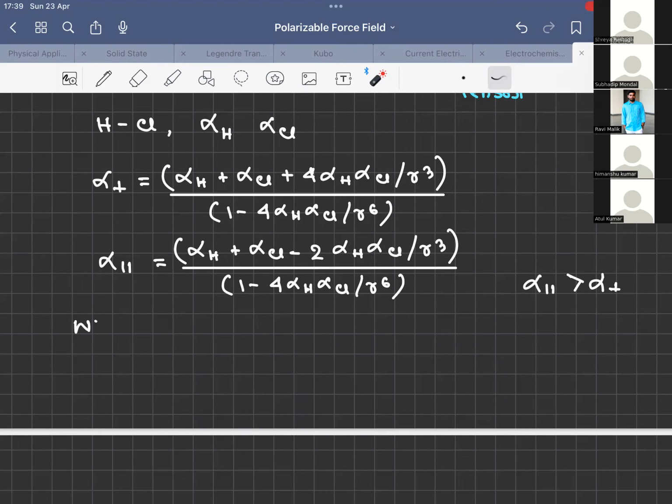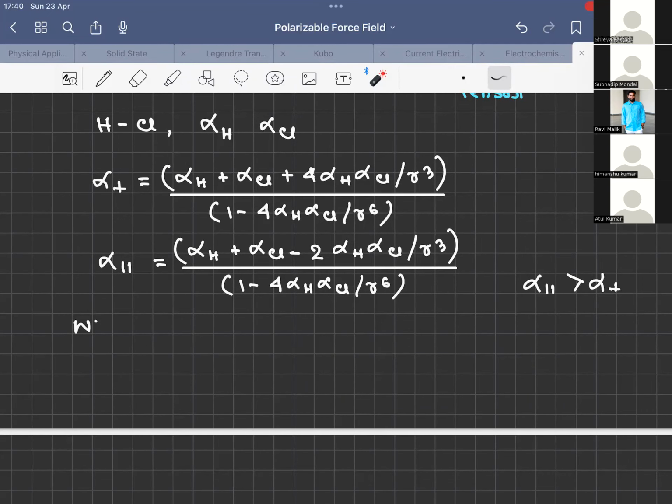I want to say here that alpha has a matrix form. So for HCl, the total alpha has different components. This is not a scalar value. Then we can represent this matrix in a different frame of reference, meaning we can do a matrix transformation. For a vector transformation, you need to define the rotation matrix and multiply the vector with this rotation matrix.